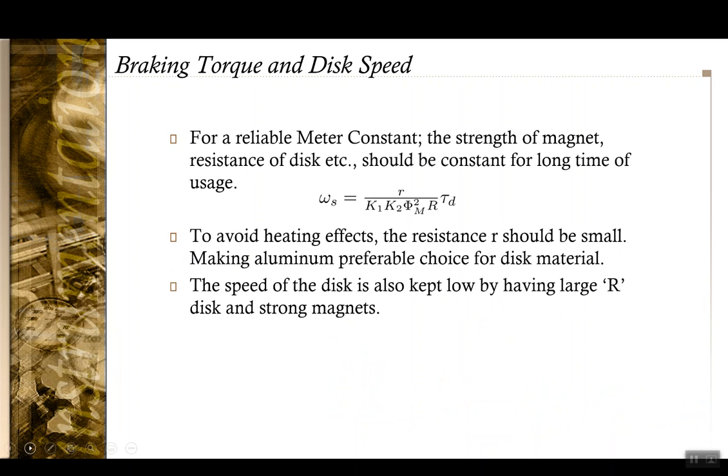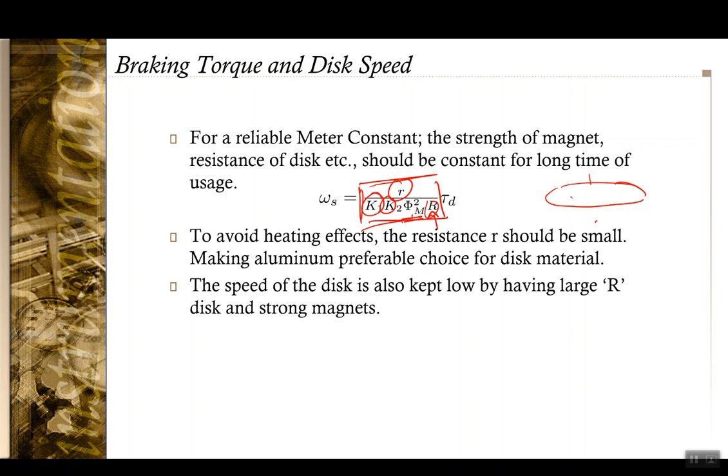Another point is that for the meter to be reliable, the indicated quantity should be constant. K1 and K2 are anyway constants. Phi m, the strength of the magnetic field, should be constant. r is the effective radius of the disc, and if the permanent magnet is kept at a fixed distance from the center of the rotating disc, then that is constant.